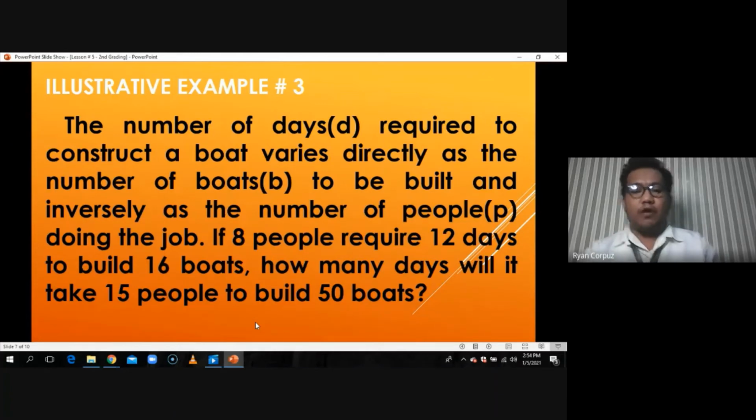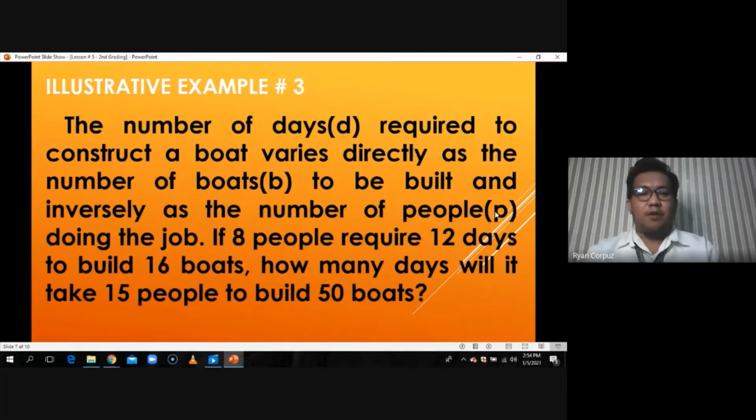So what we are looking for in the problem is the number of days it will take 15 people to build 50 boats. So this complete value of number of people, number of days, and number of boats is to be used in order for us to find the value of K. And again, katulad ng sinabi natin, pwede natin paikliin yung statement of variation natin by using this representation of those quantities involved in the problem.